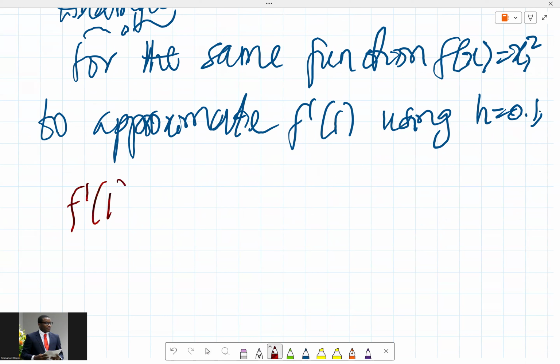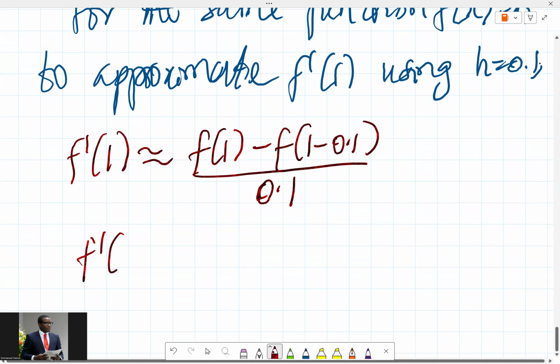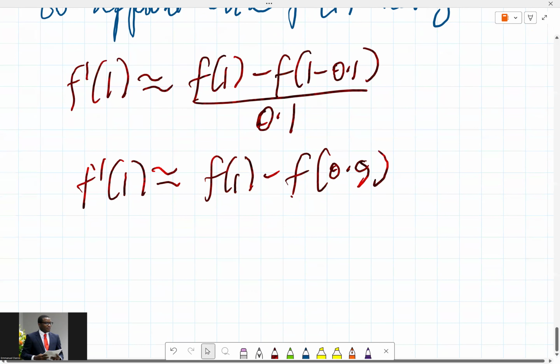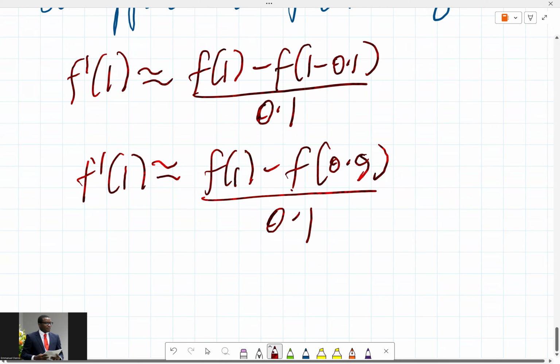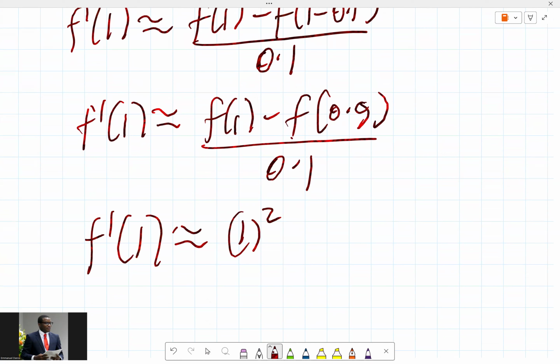F prime of 1 is approximately f of 1 minus f of 1 minus 0.1 divided by 0.1, which is h. So that means we have f prime of 1 approximately f of 1 minus f of 0.9, all over 0.1. But we know f of x is x squared, so we have 1 raised to power 2 minus 0.9 raised to power 2, divided by 0.1.